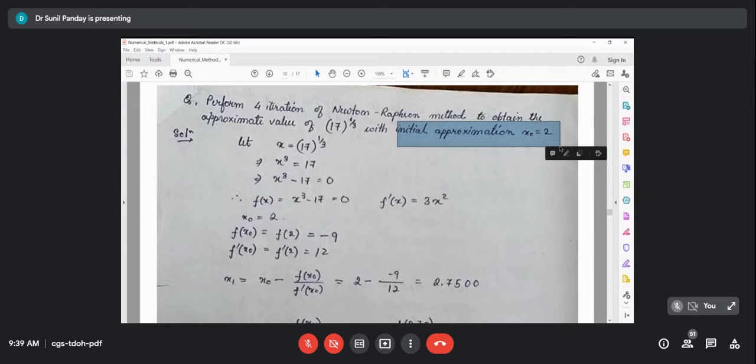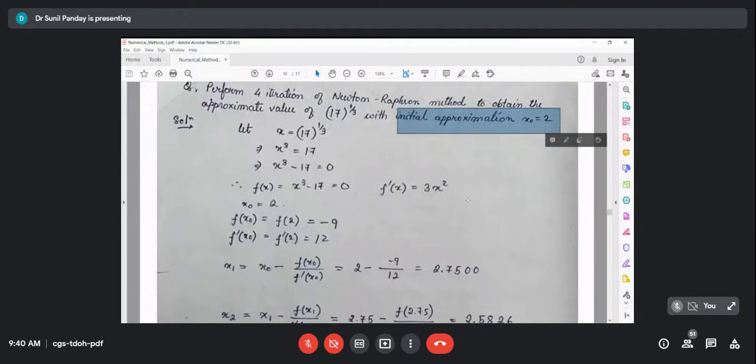So the first time you are using the Newton-Raphson method, your initial guess is either given, or if it is not given, you do this thing, and with this x naught you start.